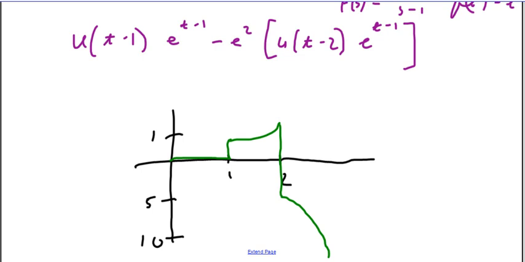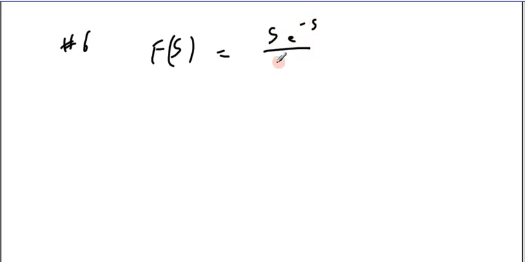I'm doing number 6 next. F of s is s e to the minus s over s squared plus pi squared. I look at that and I see that I got a number 10 sitting there. Number 10 says cosine kt is equal to s over s squared plus k squared.